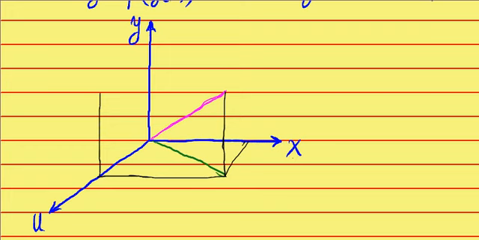So let's say the shadow on the YU plane is here. So what do you mean shadow on the YU plane? As if the sun was here, or a source of light was far away on the right, and this would cast a shadow on the YU plane.